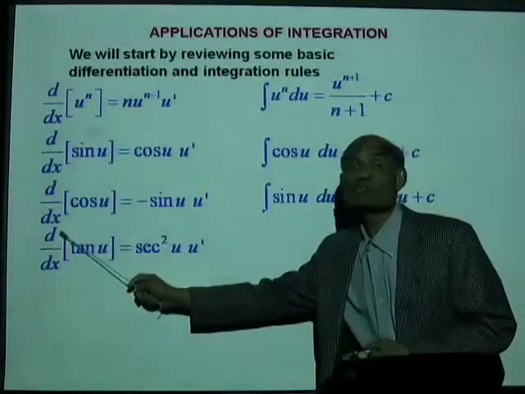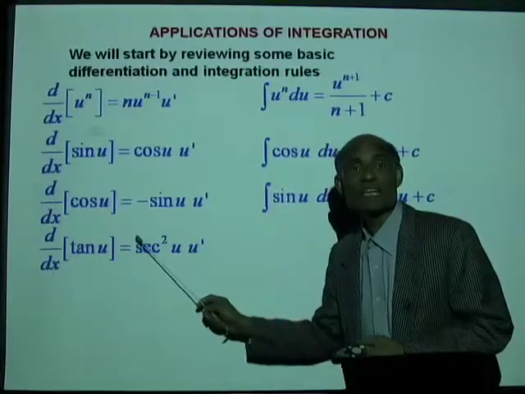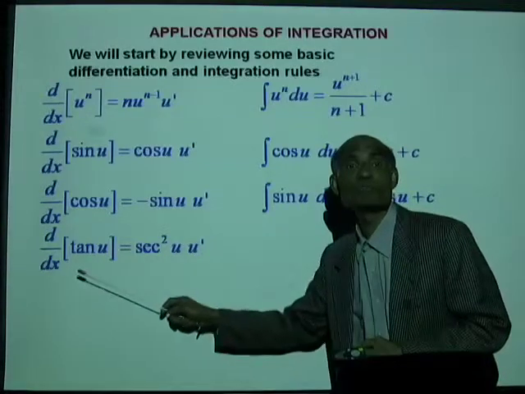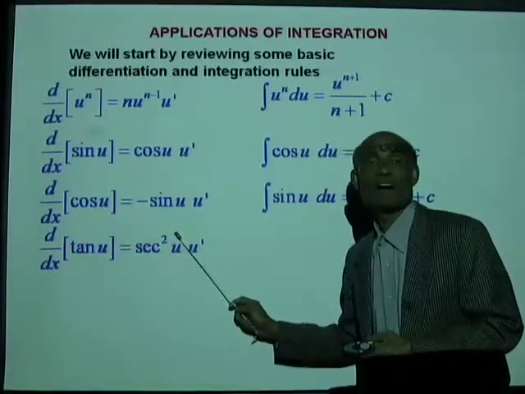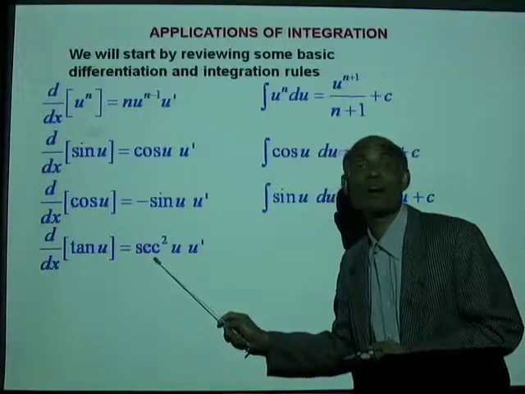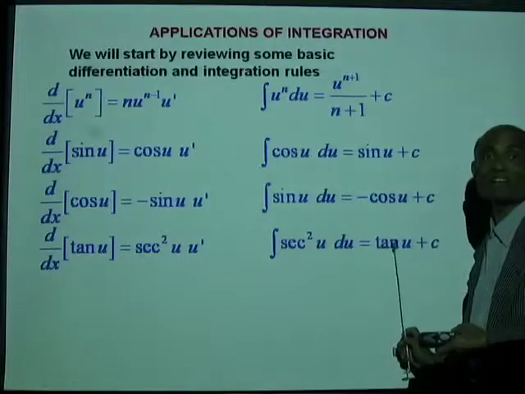The derivative of tan u with respect to x is secant squared u times the derivative of u with respect to x. And therefore, what is the integral of secant squared u du? It must be tan u plus c.